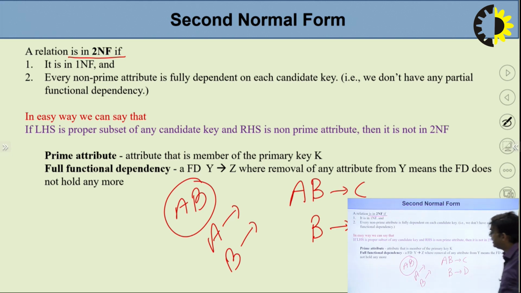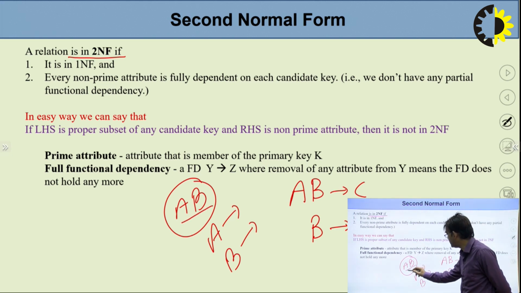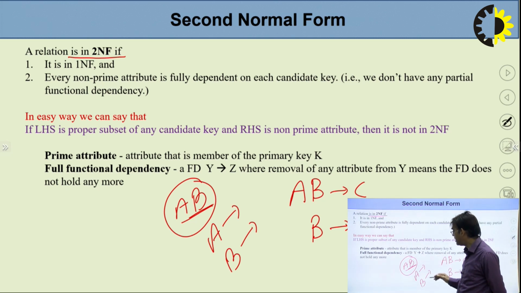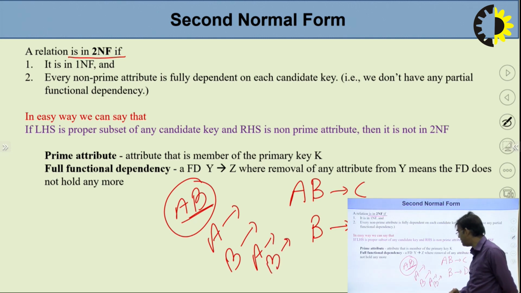It means if AB is the candidate key, and there exists a functional dependency that is derived from either A or B, then such a type of dependency is known as partial dependency. It means something is derived from a part of the candidate key, not the whole candidate key.